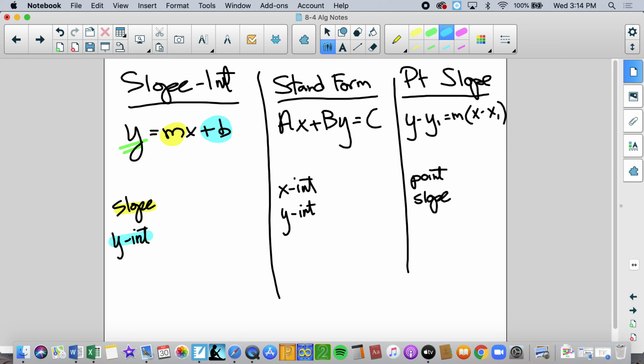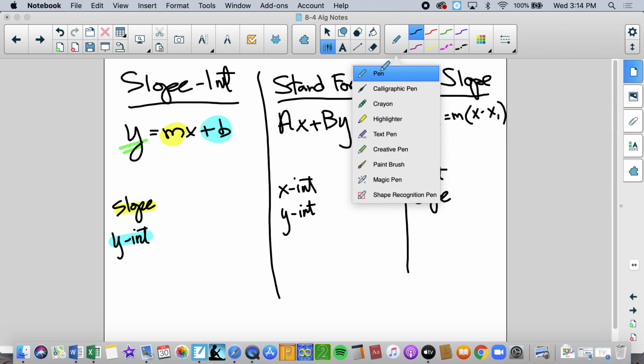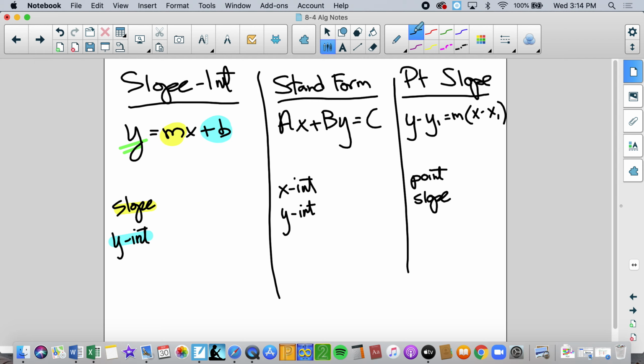In standard form, the x-intercept is a little bit more technical. It's not something you can just look at.